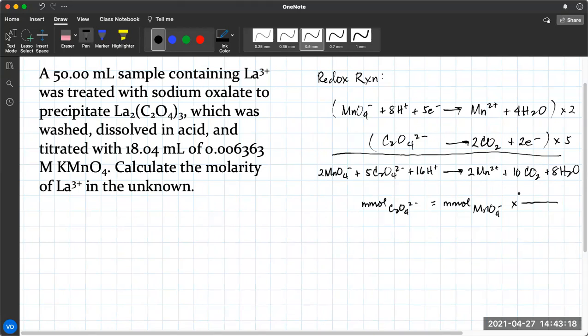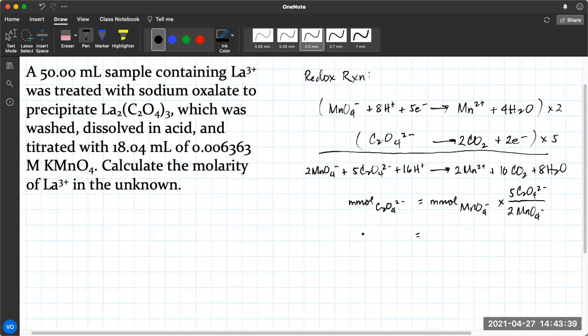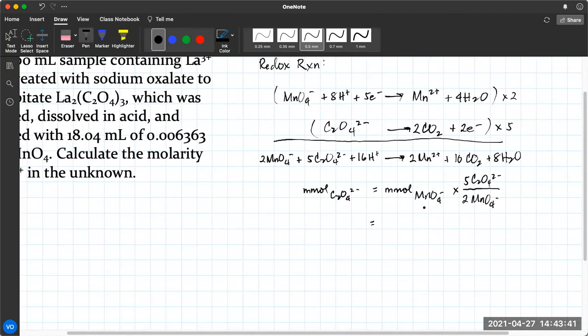We have here 5 moles of oxalate divided by 2 moles of permanganate. So now we can get the number of millimoles of oxalate based on the number of millimoles of permanganate.